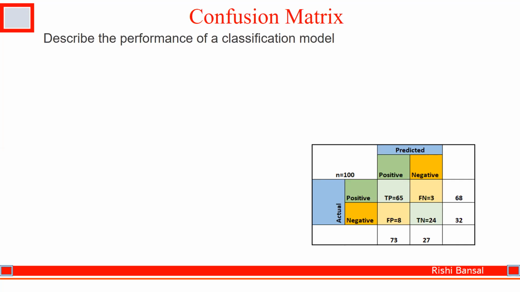So here is the confusion matrix. It is really confusing, but we'll see how to read it. In this picture, you see this is the actual result. First of all, you can measure the accuracy of a model only when you have the actual result and the predicted result.